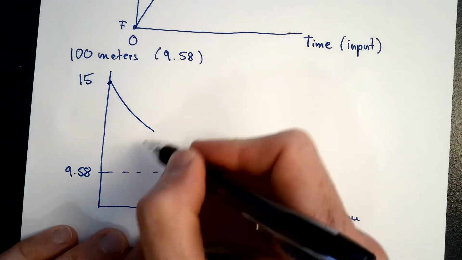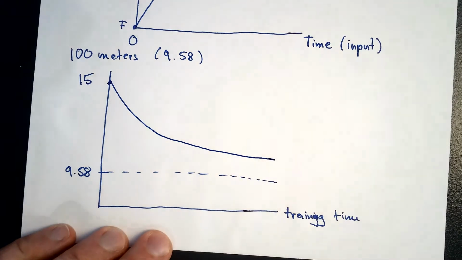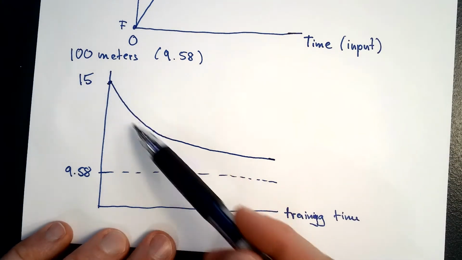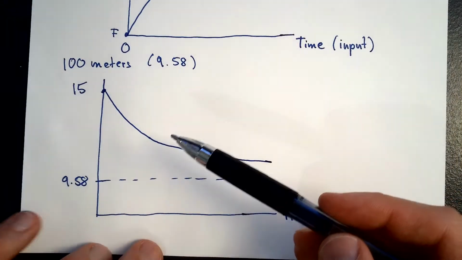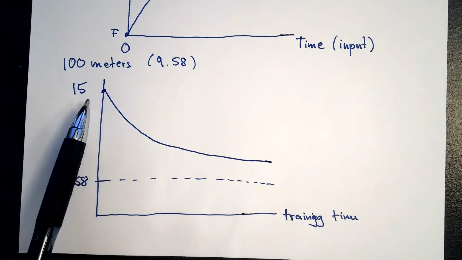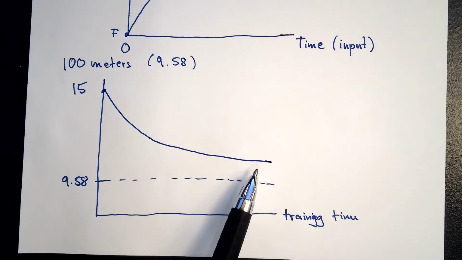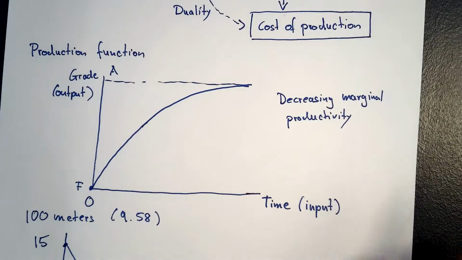But no matter how hard you train, you are not going to reach this world record. But you're going to exhibit this decreasing marginal productivity in the sense that a little bit of training is going to improve your 100-meter time, but it gets more and more difficult. Which is another example of this decreasing marginal productivity.